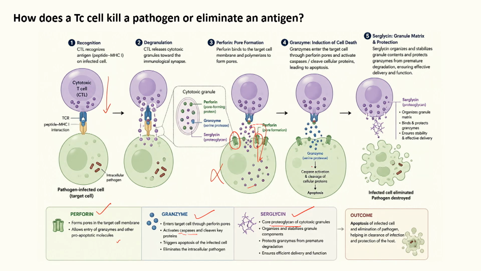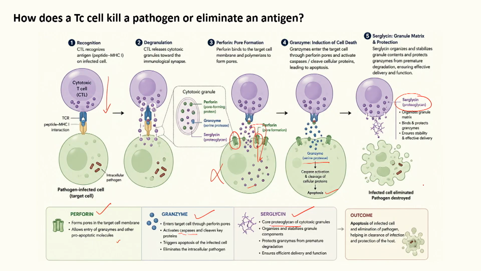Again, granzyme is a serine protease which can cleave multiple proteins to start the apoptotic process. And finally the serglycin molecule, a proteoglycan, can stabilize the cells and also help perforin form a specific kind of structure so that the granzyme can go inside and do the function.